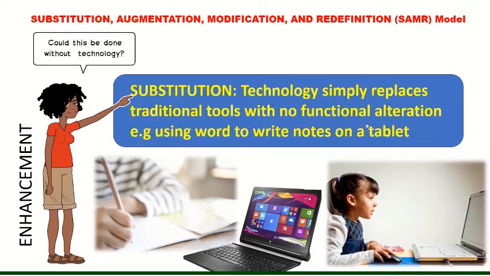If her answer is yes, then her use of technology in the classroom is purely on the substitution level. Technology in this instance is simply a form of replacing traditional tools with no actual functional alteration. For example, if you use any Word software to write notes on a tablet, all you're doing is substituting the technology for the traditional paper and pencil.